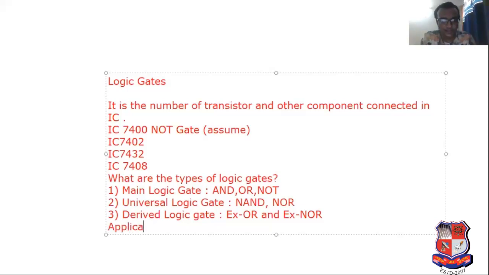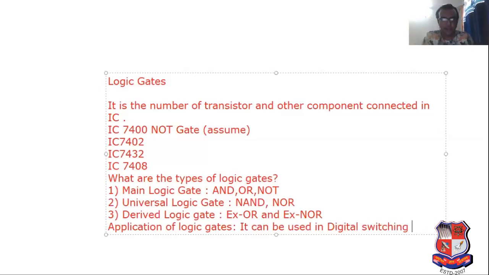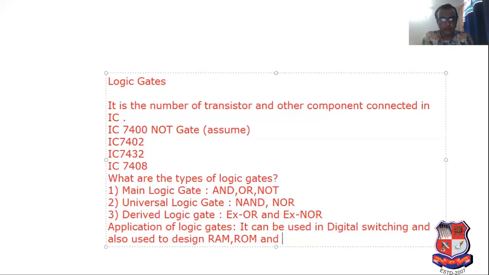Because logic gates can be used in digital switching, and also used to design RAM, ROM, and other digital storage elements.